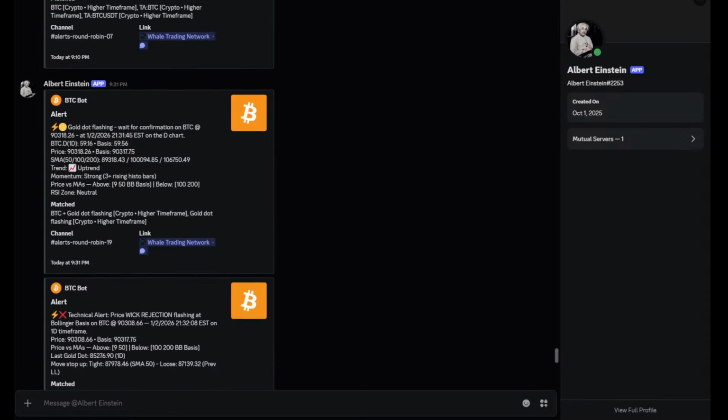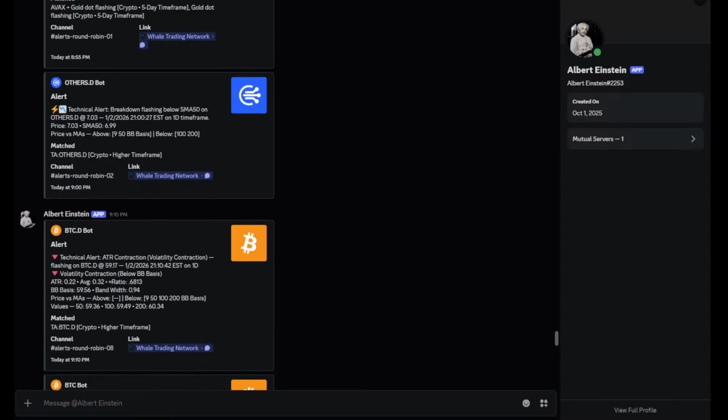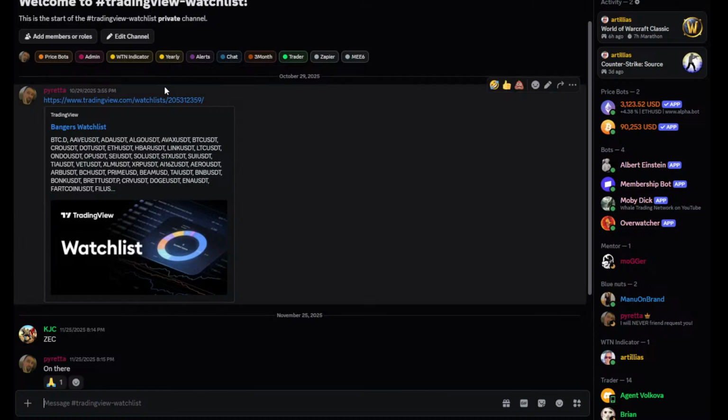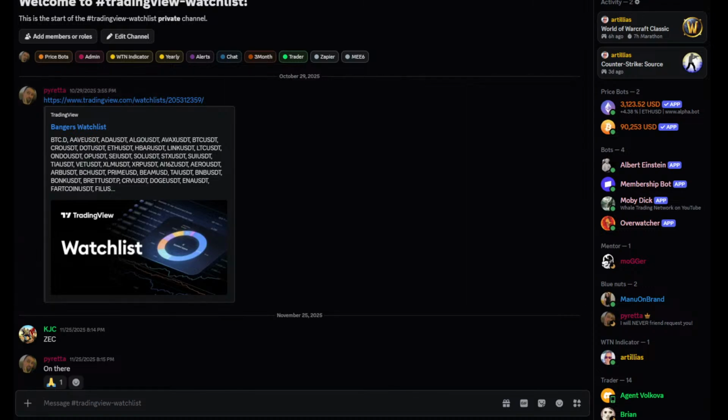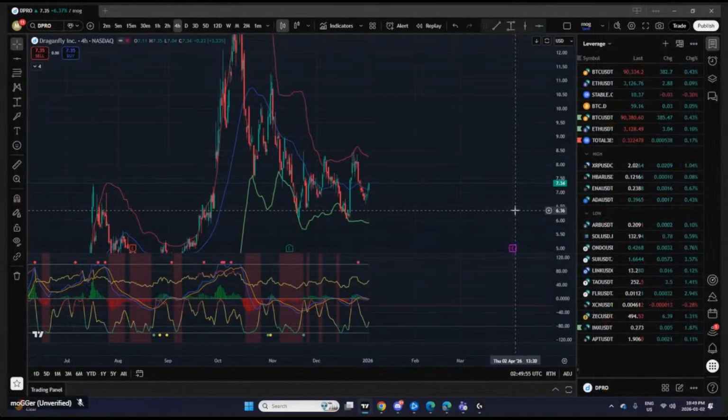So these alerts will come with stop loss recommendations, and you can subscribe to whatever assets you desire to follow. If you want to follow Bitcoin, XRP, HBAR, as long as they are on the watch list, and you can see the watch list over here on the TradingView section where we list everything that we have. If you have something that you're interested in, you can drop it in the watch list request channel and we can get that added for you.